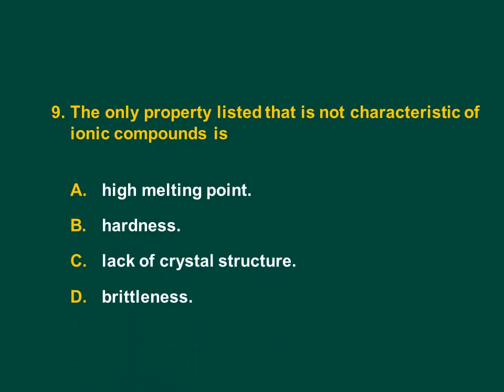We know that ionic compounds have high melting points, are harder, and are brittle, can be broken easily. And they also have a crystal structure. So the correct choice is lack of crystal structure, because ionic compounds have a crystal structure.